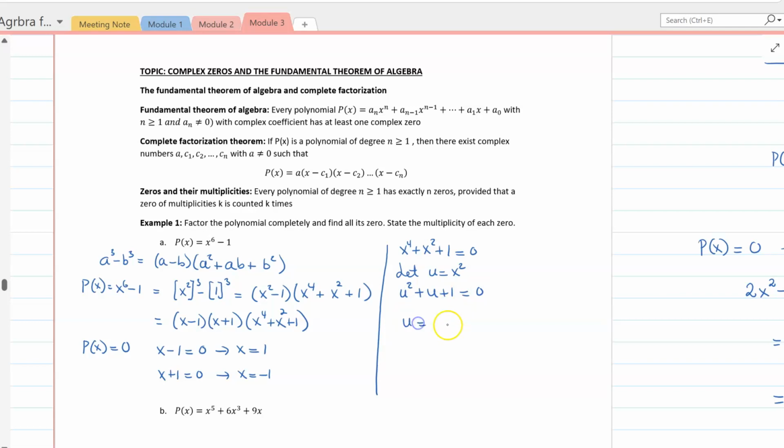I can solve this using the quadratic formula. u equals negative 1 plus or minus the square root of 1 squared minus 4 times 1 times 1, divided by 2 times 1. This is negative 1 plus or minus the square root of negative 3, divided by 2. It is the same as saying negative 1 plus or minus i square root 3 over 2.